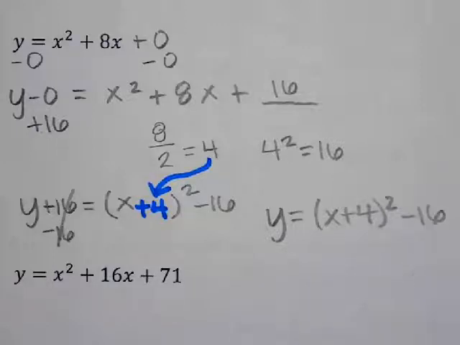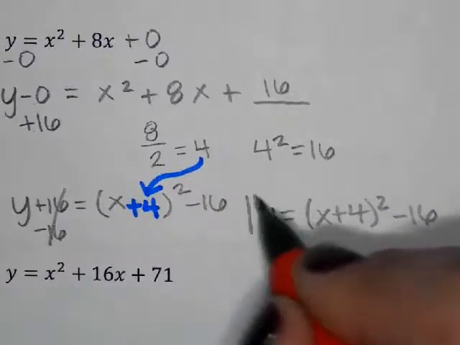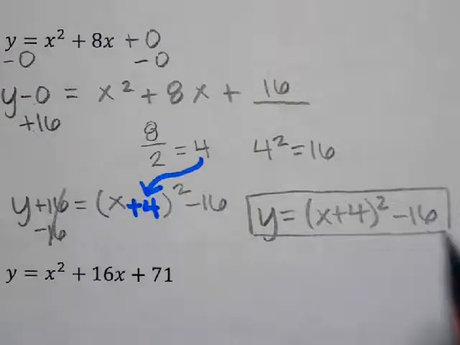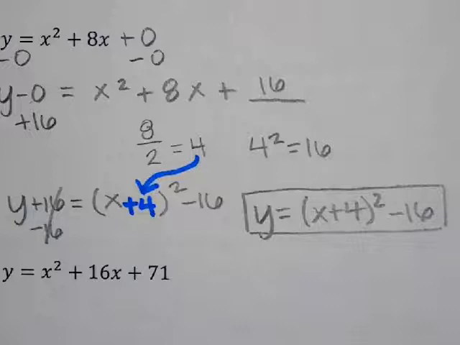So at this point, if somebody said, what is the vertex for this equation, could you tell them? Yeah, what's the vertex? Negative 4, negative 16. If they said, what are the transformations, what would you say?